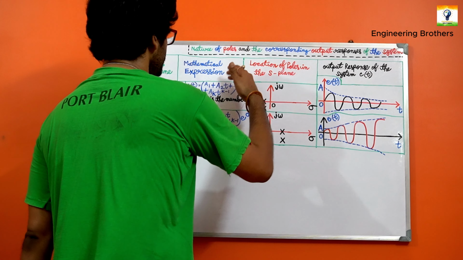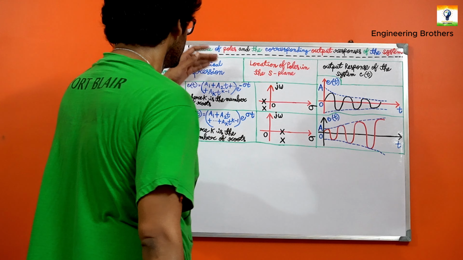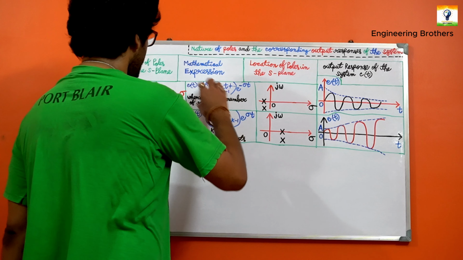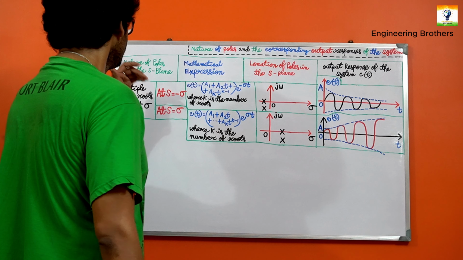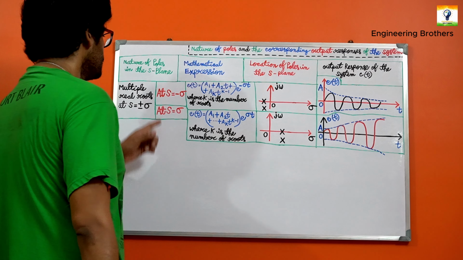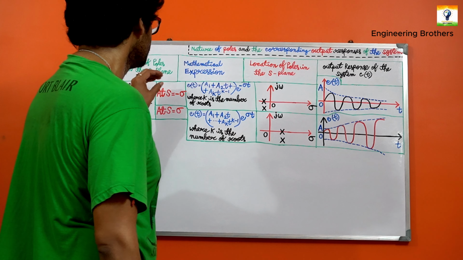So here you can see that we have two c(t) equations, and this upper portion is for the multiple poles placed at the same point, s equal to minus sigma.